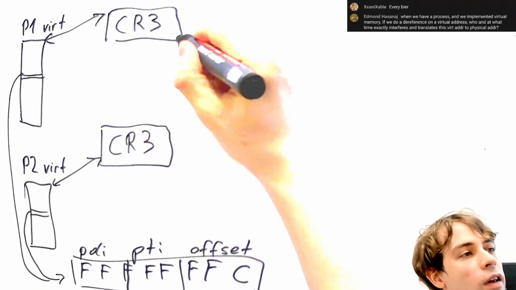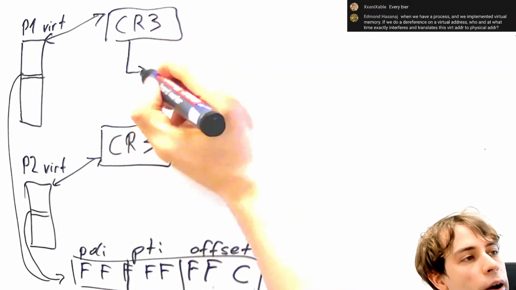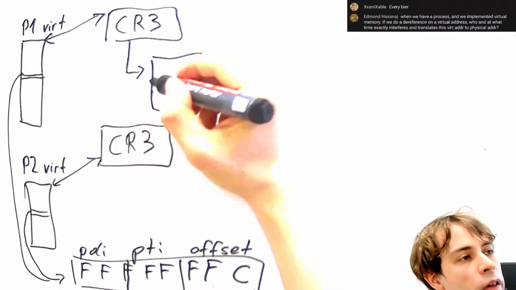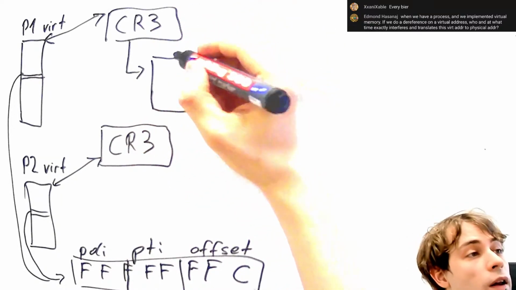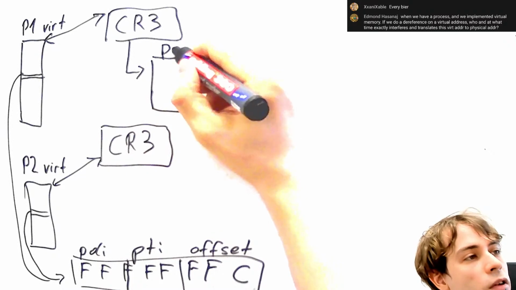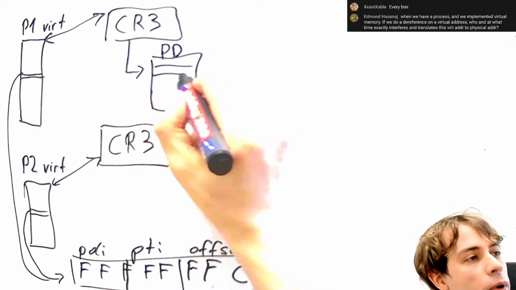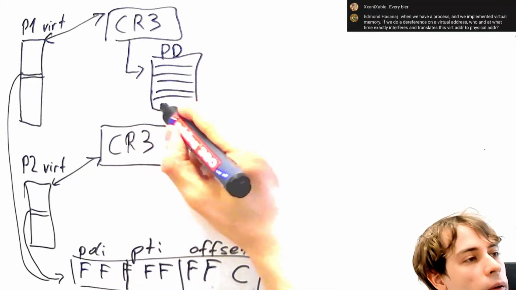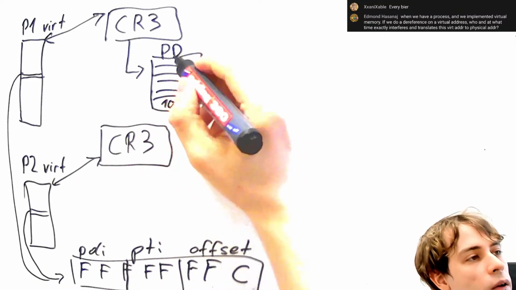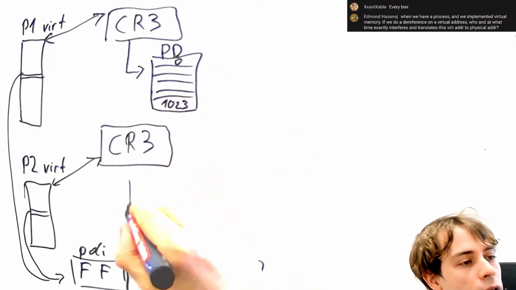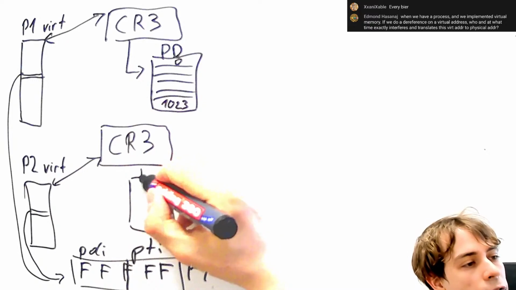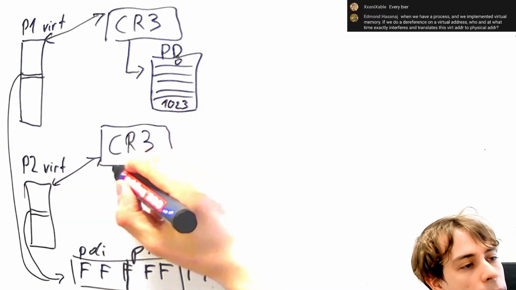The CR3 register tells us in both cases where the page map level 4 is, or in this case we are in 32-bit mode, so the page directory, and we have 1024 entries in there, and here we have a different page directory.